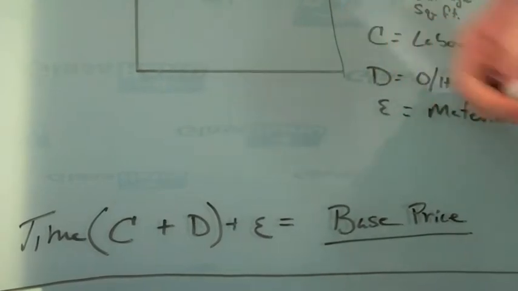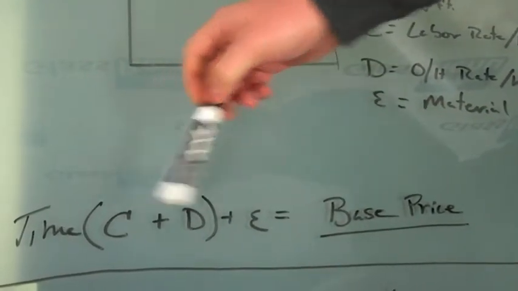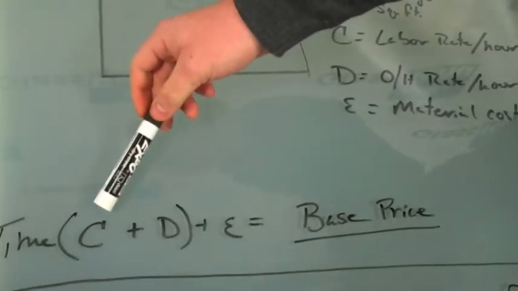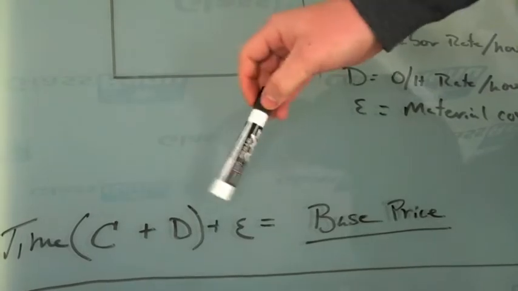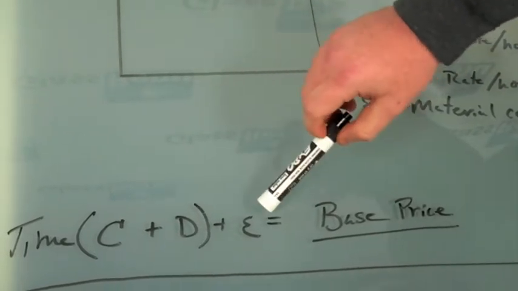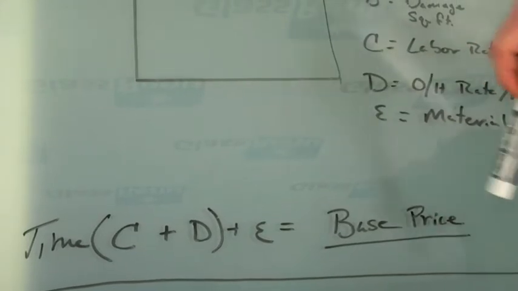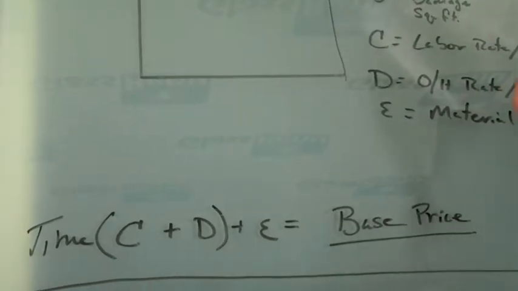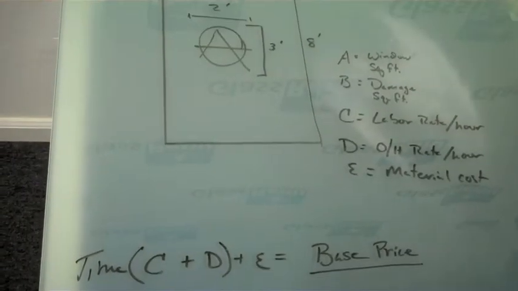But different jobs are going to require a different amount of time. So you're going to take the time and multiply that by your labor rate and your overhead rate combined, and then add on the material cost, and that's going to give you your base price. I'll go through a full quote on this job in just a second, but I want to carry through to the rest.